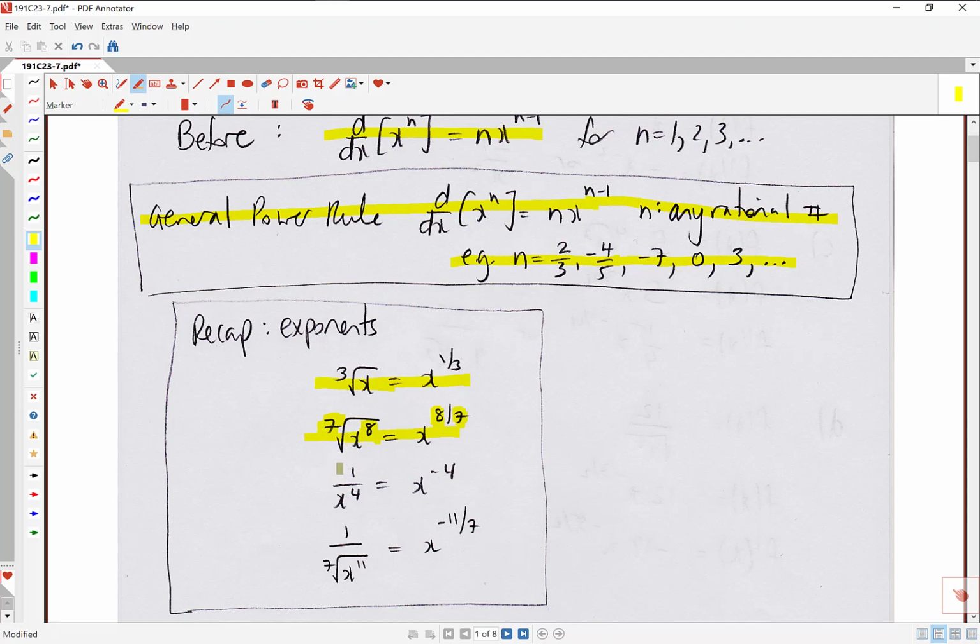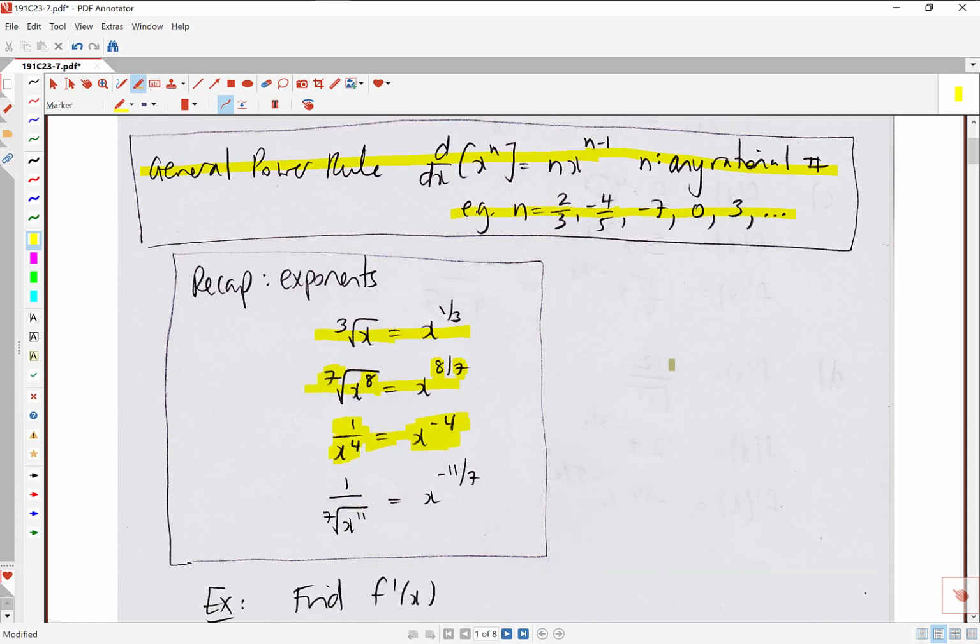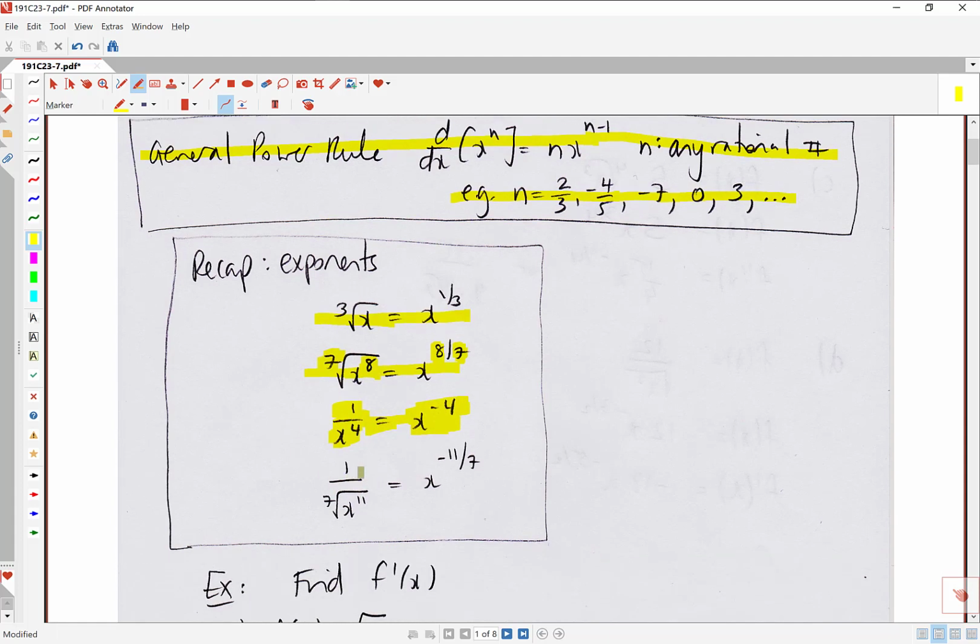Okay, and then third rule is, what do we do if an expression is in the denominator? So if we have something like 1/x to the 4th, when we rewrite that in exponential notation, that becomes a negative exponent. So this becomes x to the -4. And then this last item here, that's really just putting all 3 rules together.